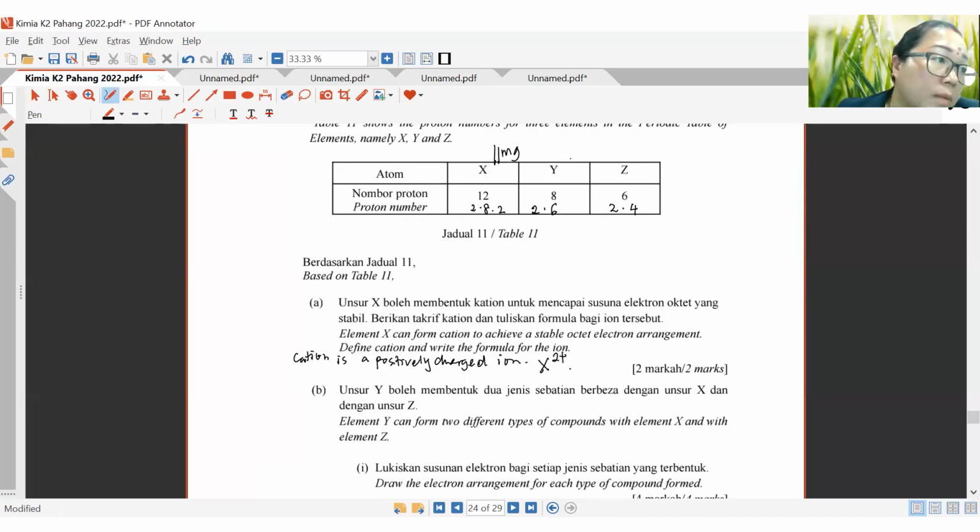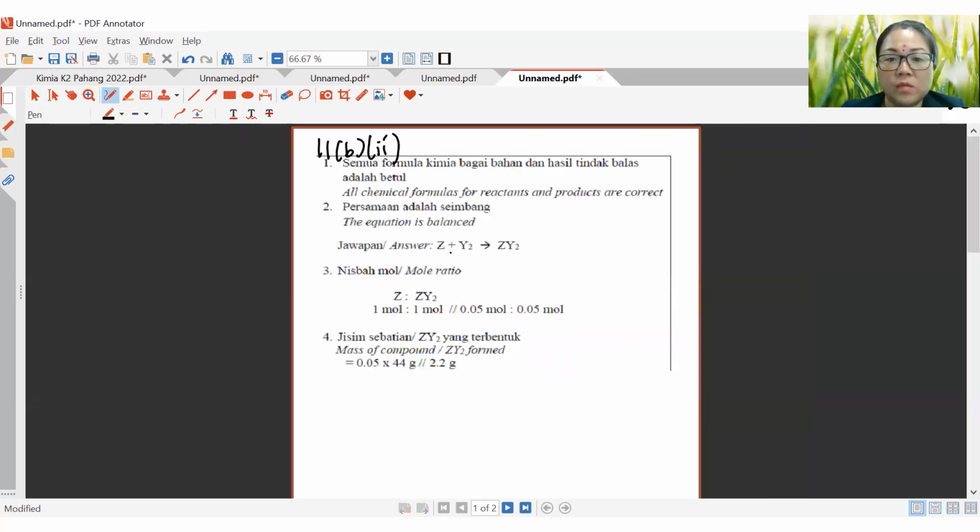No, sorry, not carbon, oxygen. Besides Z, it can be carbon. Otherwise, if you put other substances in, other elements, it cannot be accepted. Okay, I cannot accept that. So the safest is always like that. Just put this. All right.